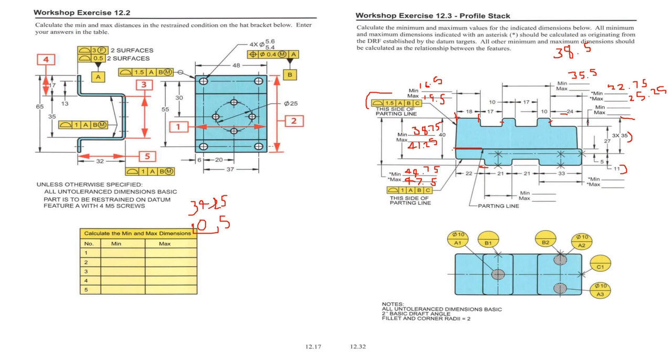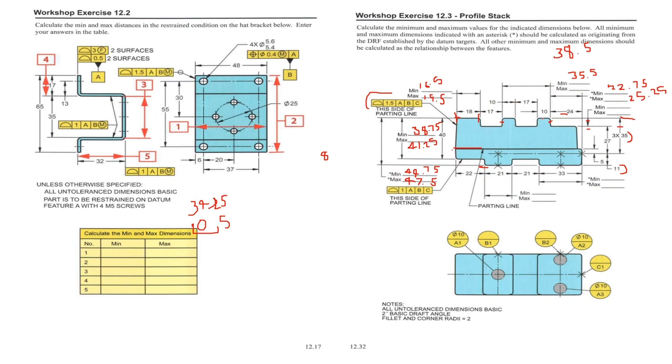Then for this maximum and minimum value, this one, it's 35 from here to here, then minus this 27. So I get this value of 8 when we subtract this 27 from this 35. So the basic size of 8 is here. And I will subtract the profile tolerance here.